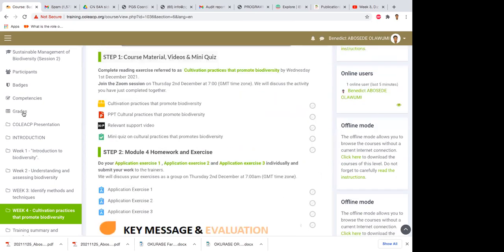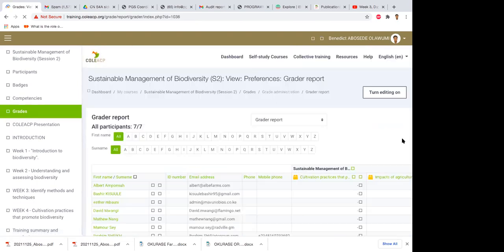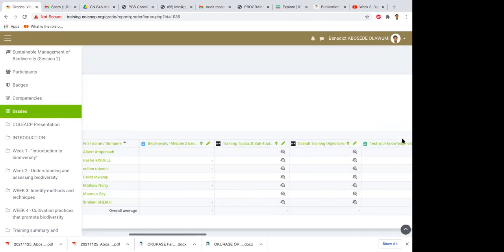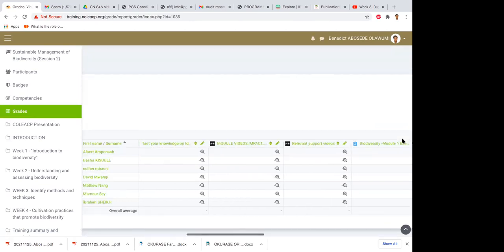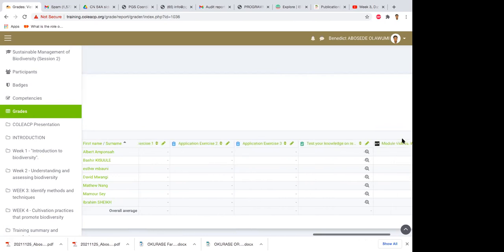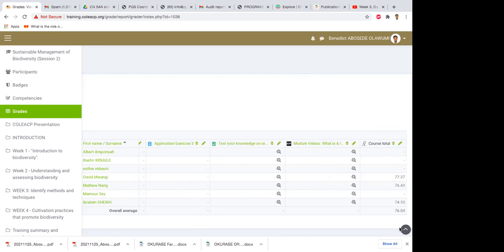And like I shared with us before, if I click on this, you see all the grades once you do a test, and then it brings us to a total a person is supposed to score. So at the end of the 4 weeks, we must have an average of what the person is supposed to score here.